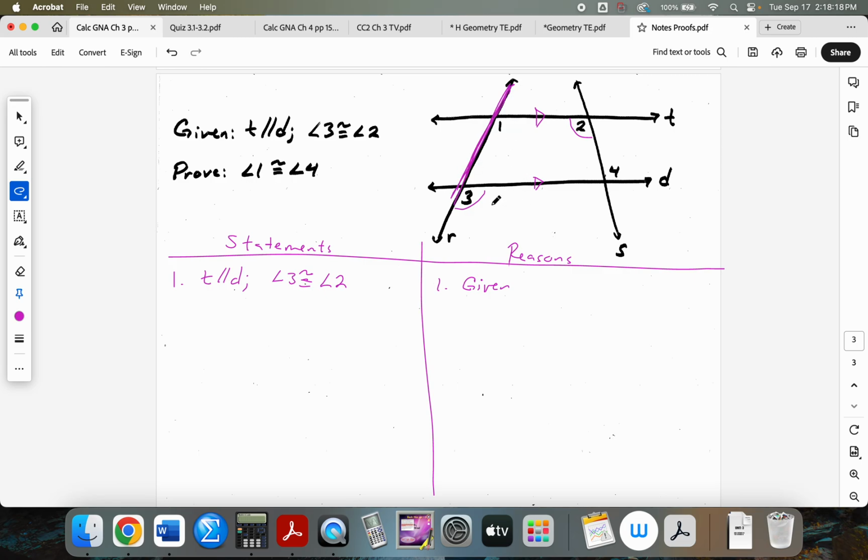They're corresponding. And when the lines are parallel, corresponding angles have to be congruent. So I'll go, okay, that means that angle 1 is congruent to angle 3. How do I know that that's true? That's the corresponding angles postulate. Again, this is the only one that's a postulate. Any of the other ones are theorems.